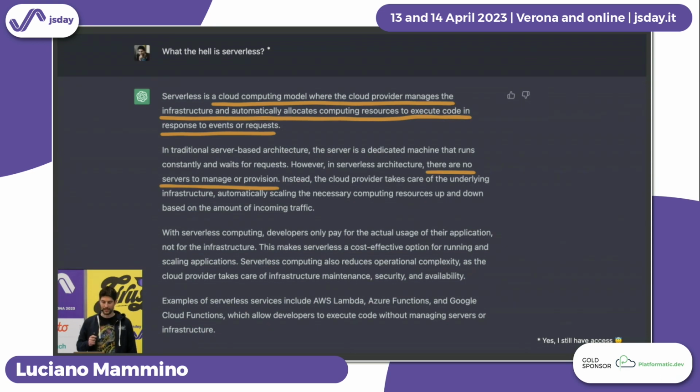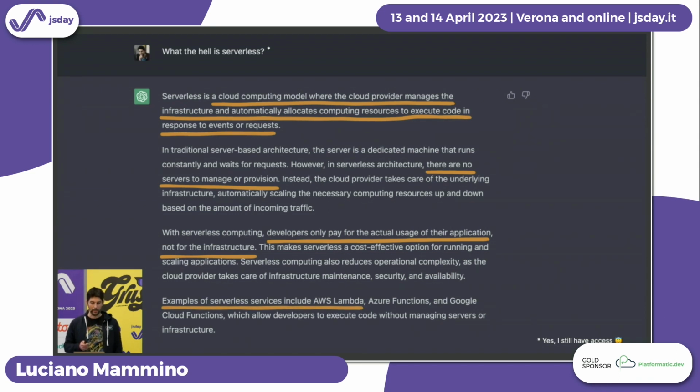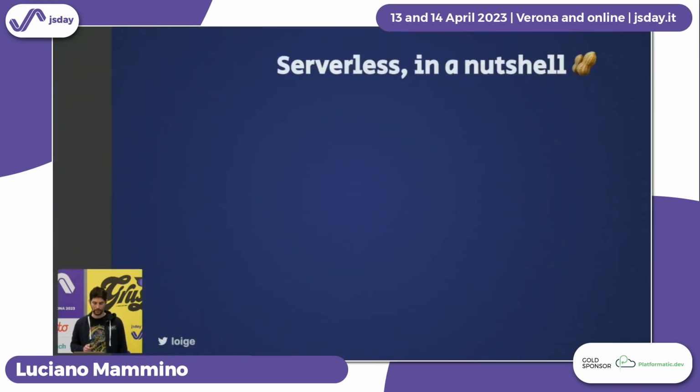Then another bit here is that there are no servers to manage or provision, and the developers only pay for the actual usage of the application, not for the infrastructure. And another interesting point is that one of the most famous technologies that gets associated with serverless is AWS Lambda, which is something we're going to be talking more about today.